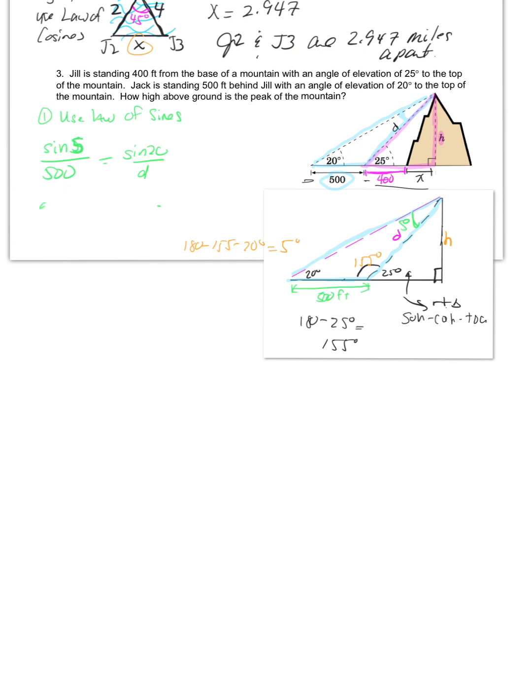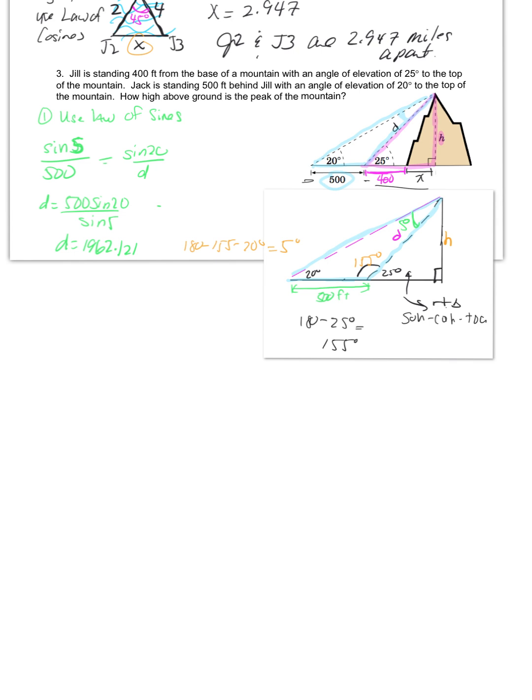So d equals, if you cross multiply and divide, it should look like this. And d equals 1,962.121, and that's in feet, not dollars.